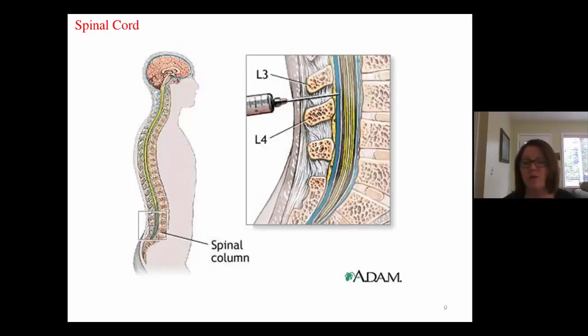By doing the withdrawal below L3, they're making sure that if something goes wrong, let's say the needle goes deeper than it's supposed to, at least it's not puncturing and damaging the spinal cord. The worst it would do was possibly cause damage to some of those nerves. Now, don't get me wrong, that's bad too, but it's better than damaging the spinal cord.